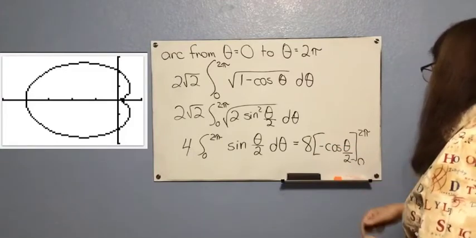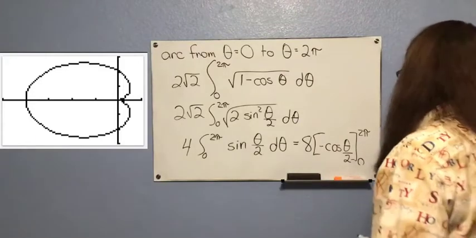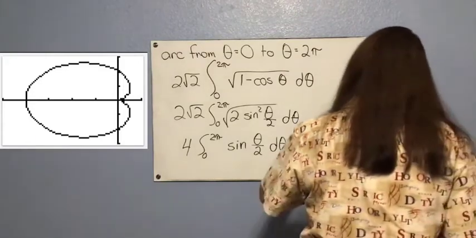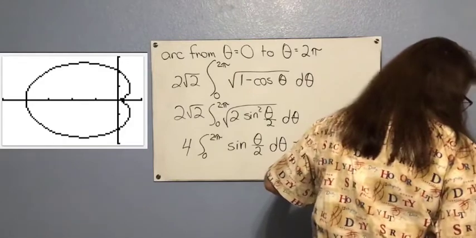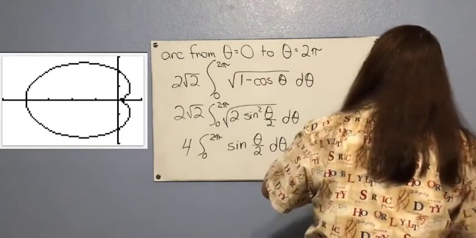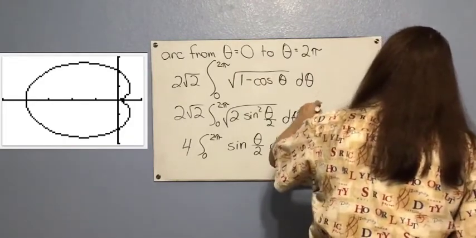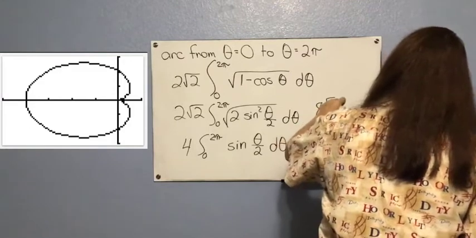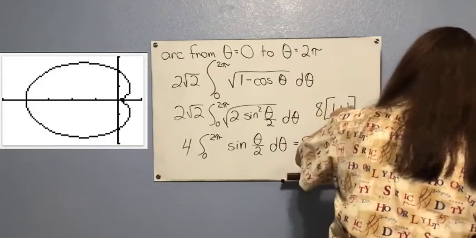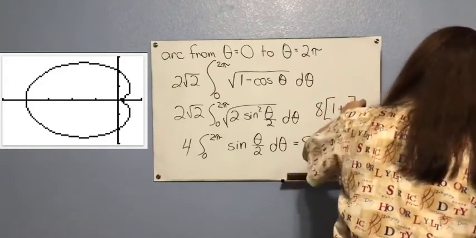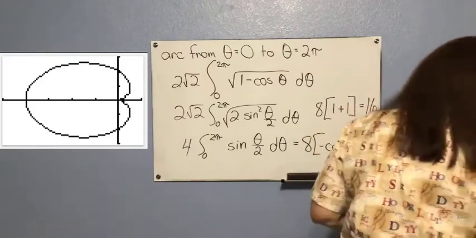And then also cosine of 0 is 1, so I'm going to have 8 times 1 plus 1, which would be 16.